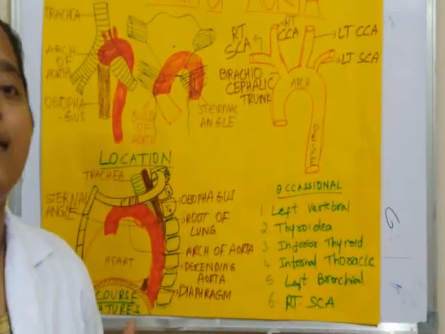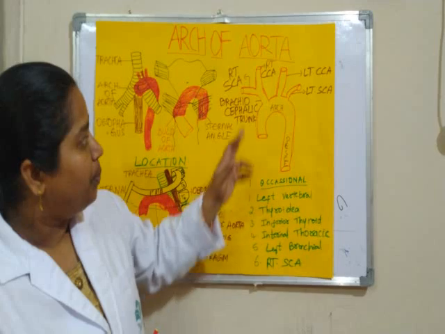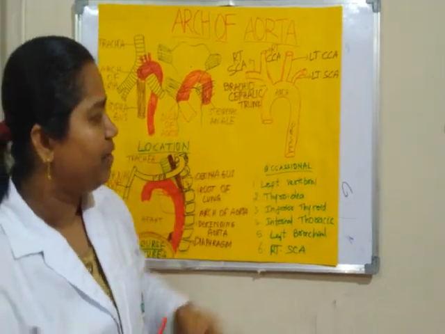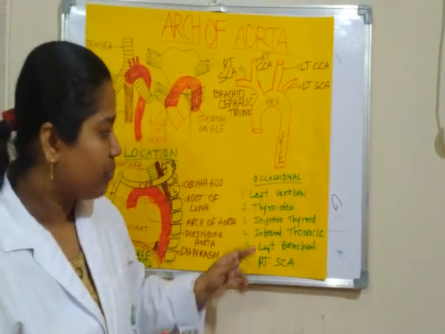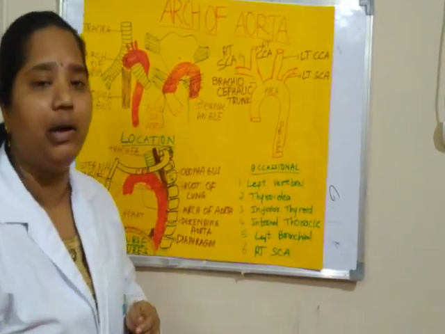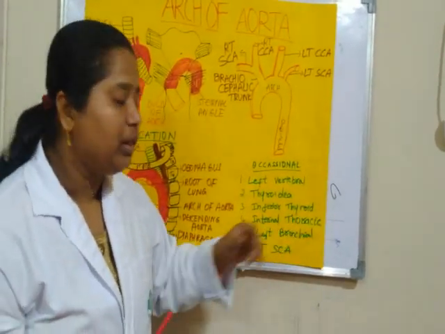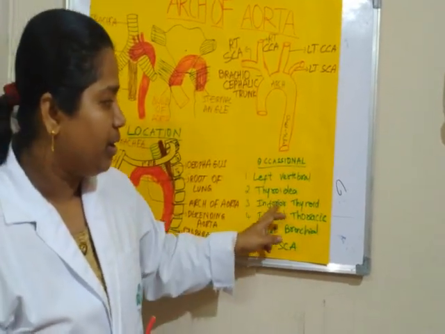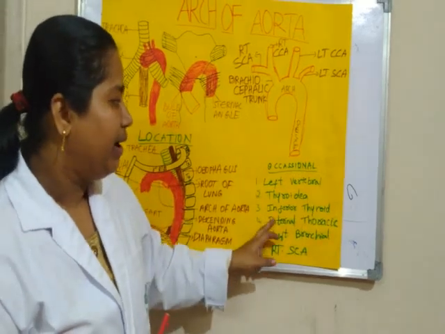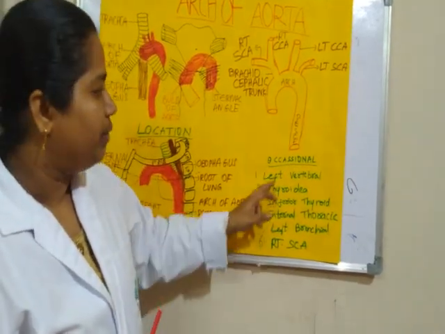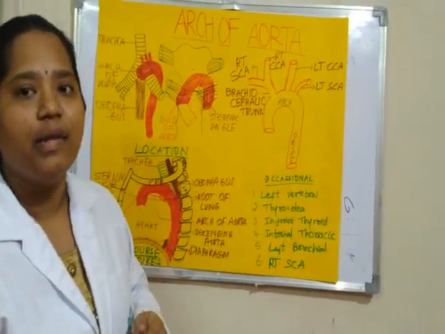Sometimes we can see other branches, like branches of first part of subclavian artery, that is left vertebral artery, inferior thyroid artery, and internal thoracic artery. Inferior thyroid artery is a branch of thyrocervical trunk of first part of subclavian artery. These are also branches of subclavian artery.